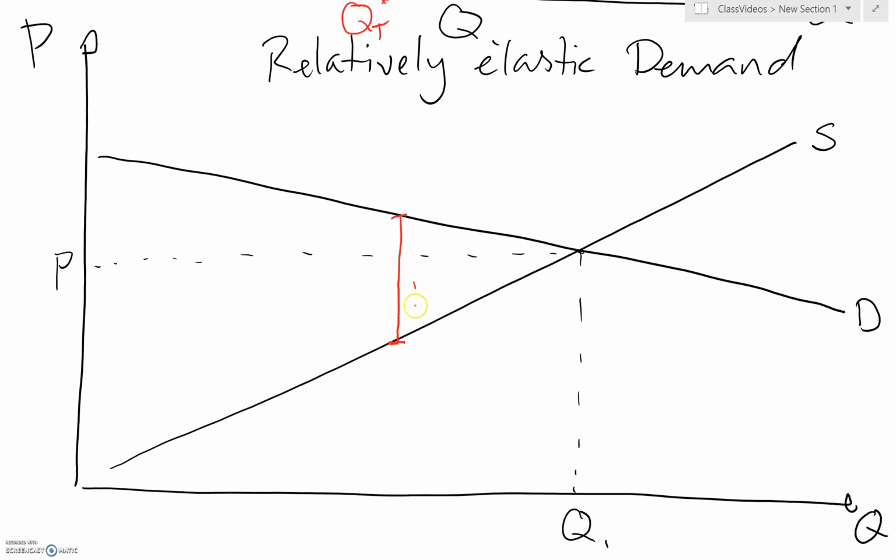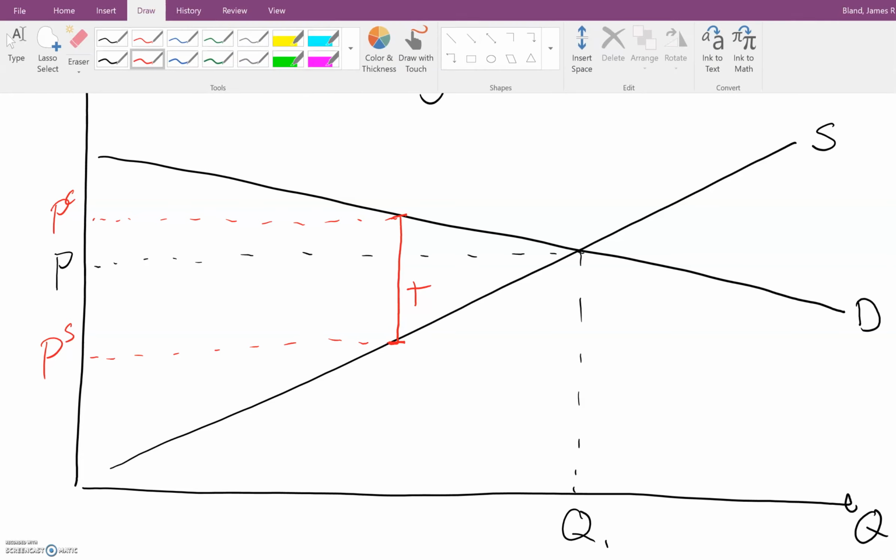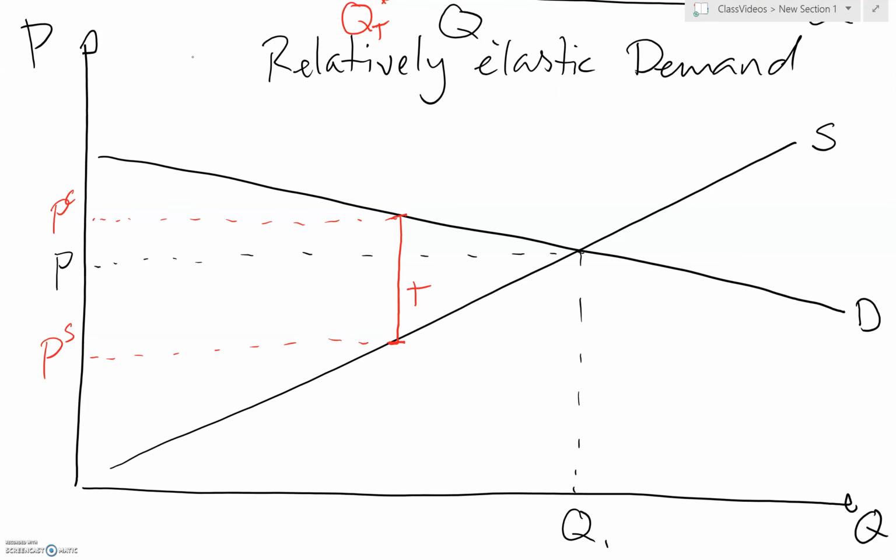Here's the value of the tax, and here is the price consumers pay, and here is the price sellers receive. What you notice with this diagram is that the price consumers are paying, of course it's gone up because we've taxed the market, but it hasn't gone up by nearly as much as the price sellers receive has gone down.